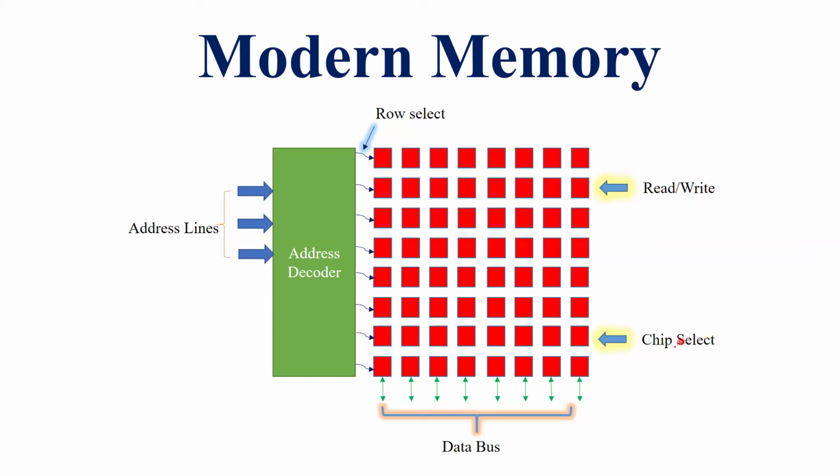Once you activate the memory and perform the read or write operation accordingly through this data bus, as you can see from the bidirectional arrows, the data is transferred to and from the memory.